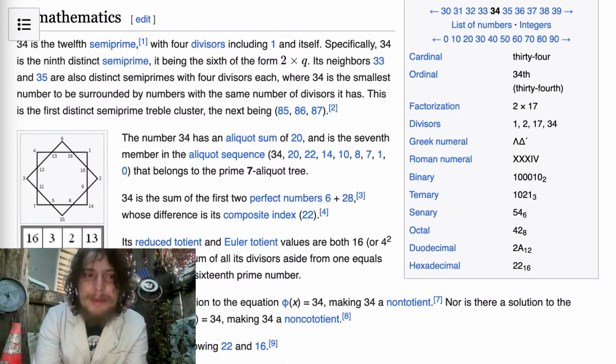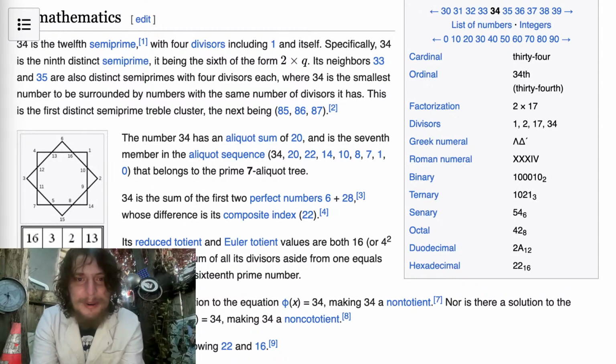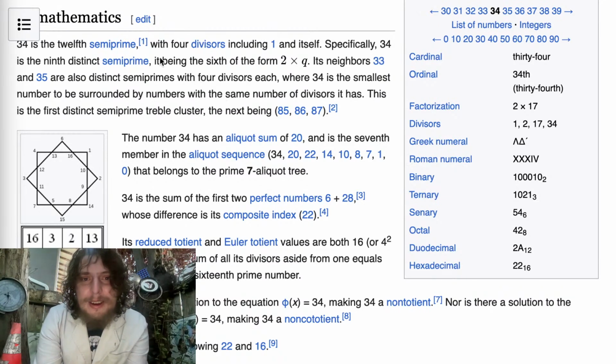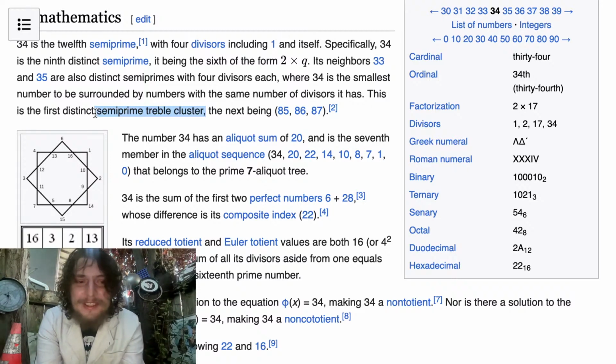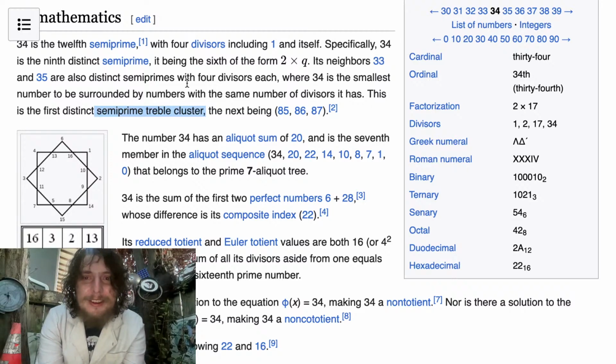And getting back to our notes about our number, oh, 34 is a semi-prime, and 33 and 35 are also semi-primes. I wonder if that's the first 3 in a row. Yeah, it is. It says here that that must be the semi-prime treble cluster. I like that. That's a cool term to look into. How many semi-primes you get in a row? 34 is the middle one of the first semi-prime treble cluster.